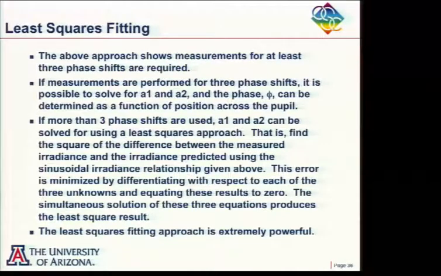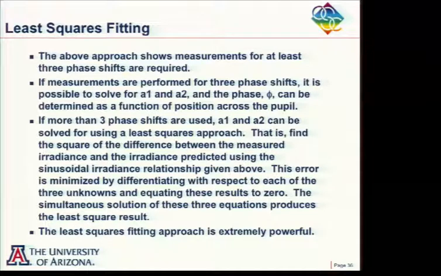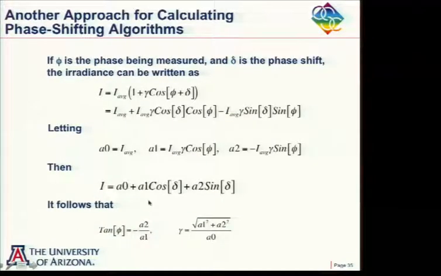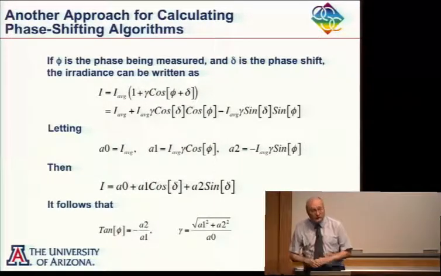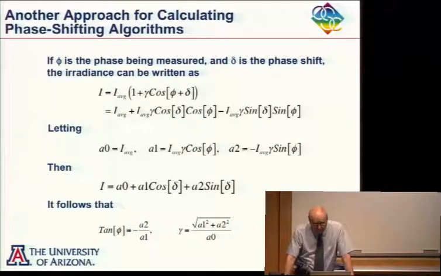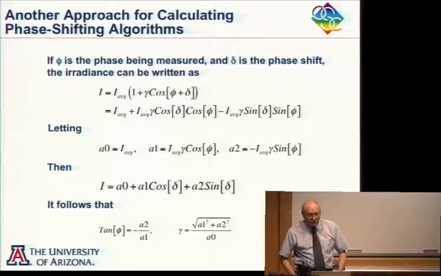So it's just a typical least squares fit approach, and we can very easily solve for the phase then. And it turns out that the equations you get using this least squares approach, if I did it for 4 steps, and I have some additional notes on the web where I show that, I get the same equation that I derived before.